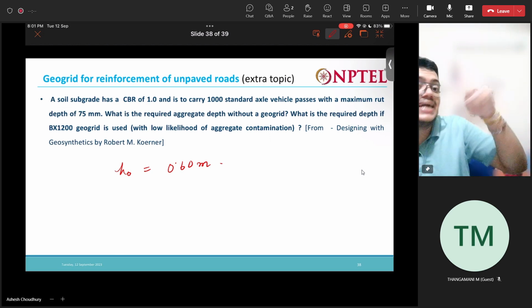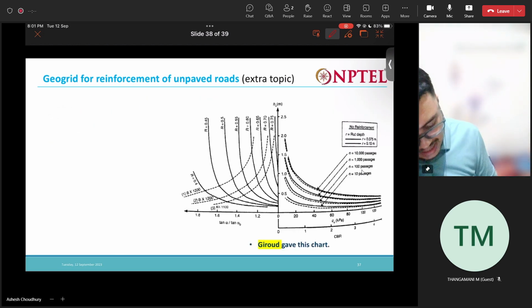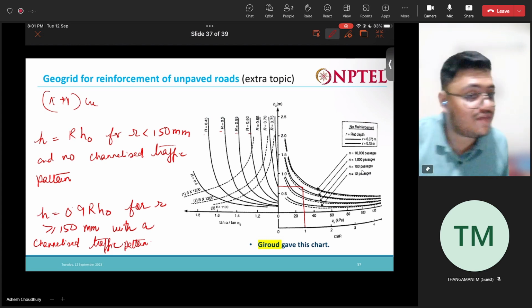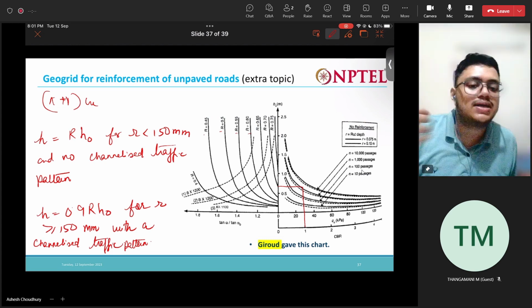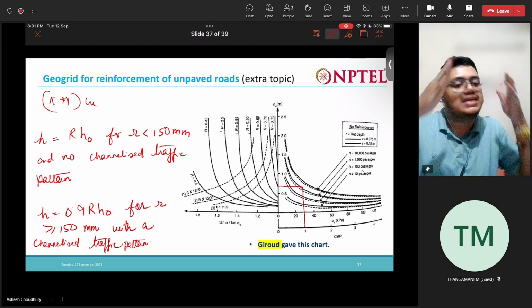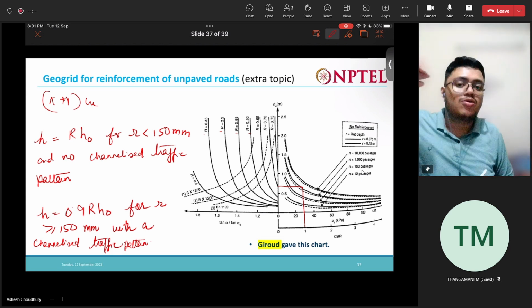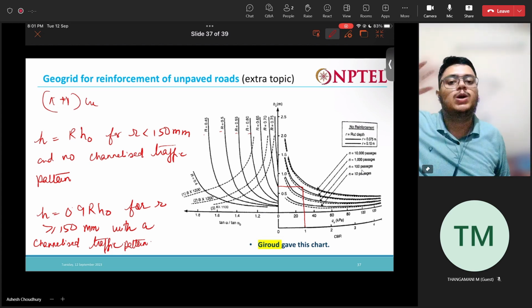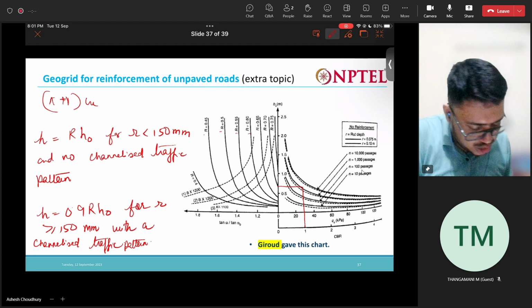Now let us get this capital R from the left side. Here you can see there is a ratio alpha by alpha naught. If you remember, I told you that when we reinforce, the dispersion angle increases from alpha naught, 26 degrees. So you can see the ratios are greater than 1.